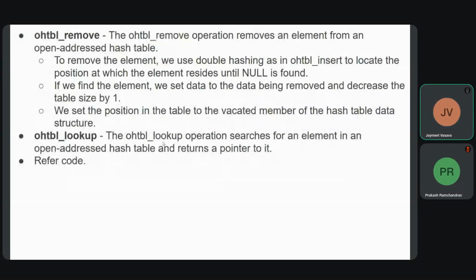Then for removal, the operation removes an element. The ohtbl remove removes an element from the hash table. To remove the element, we use double hashing, as in insert, to locate the position at which the element resides until null is found. When we find the element, we set the data to the data being removed and decrease the table size by 1.